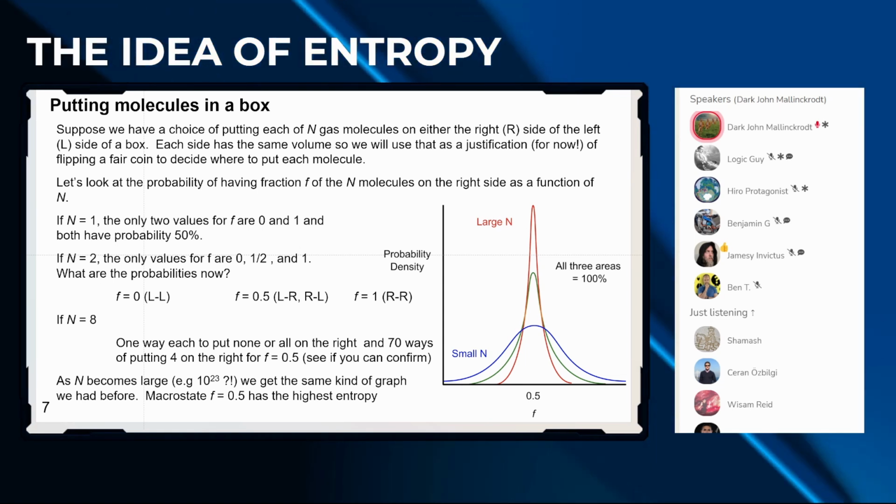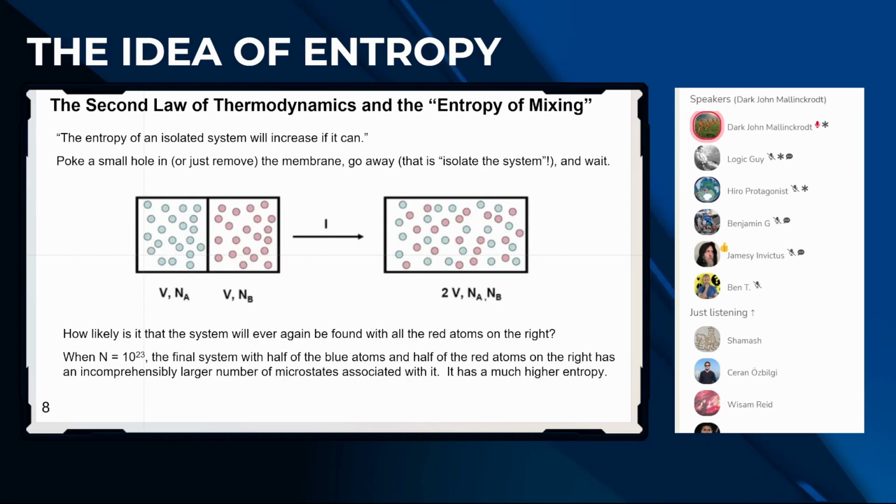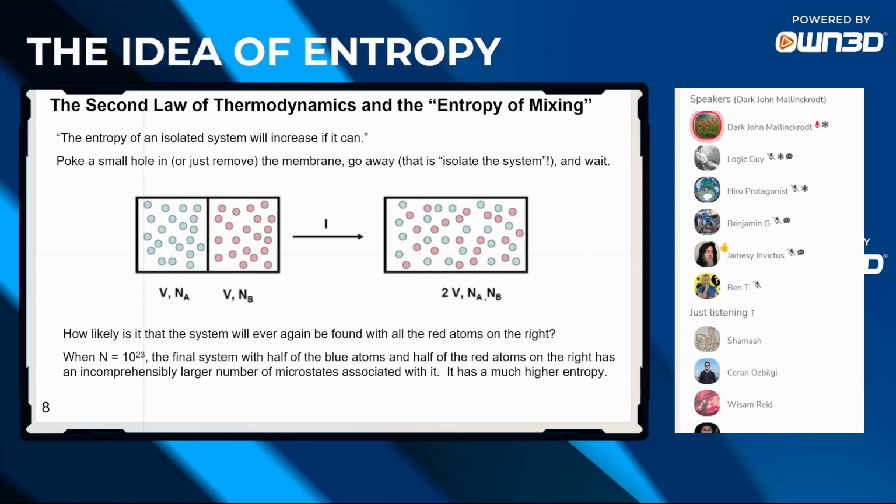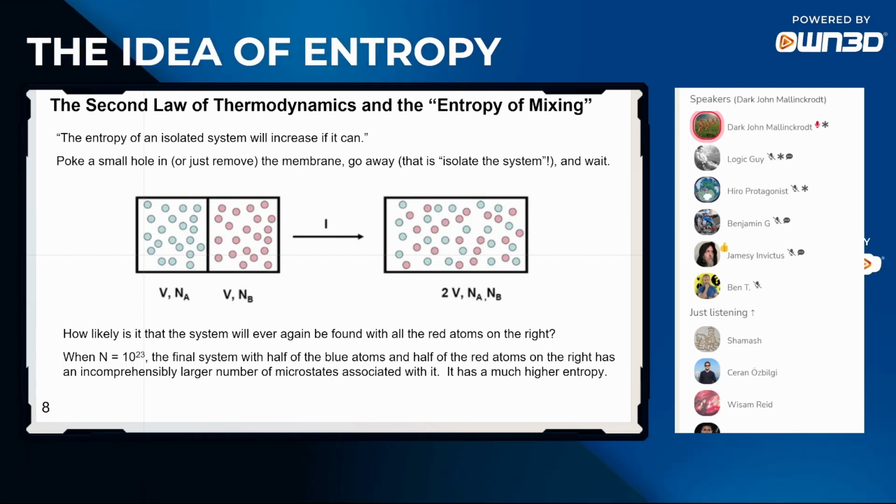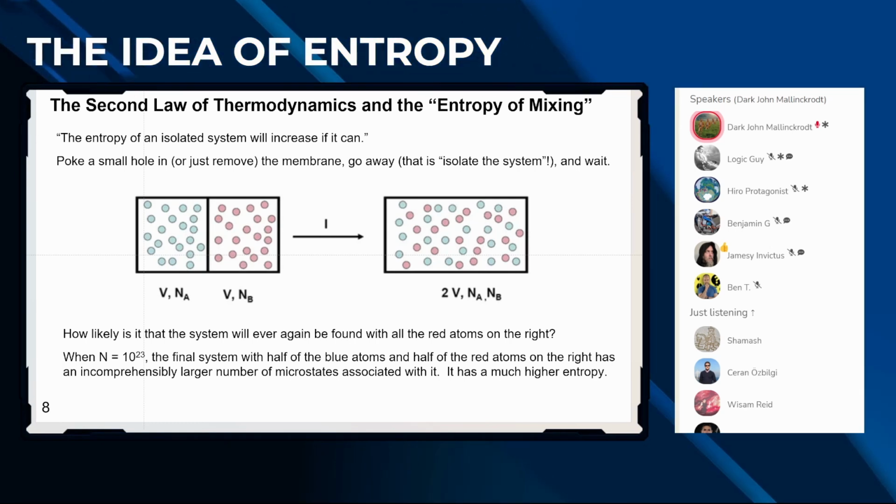Okay, so the last thing I want to talk about is the so-called entropy of mixing. And this gets at the second law. So I've defined entropy for you, and now we can talk about the second law of thermodynamics, one statement of which is that the entropy of an isolated system will increase if it can. An isolated system means I don't do anything.